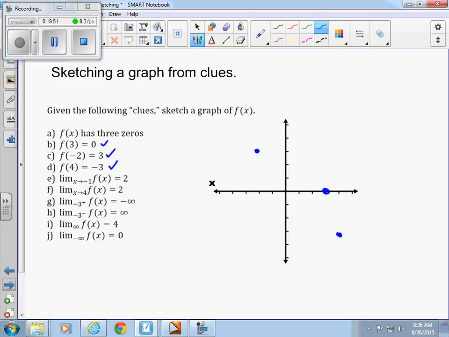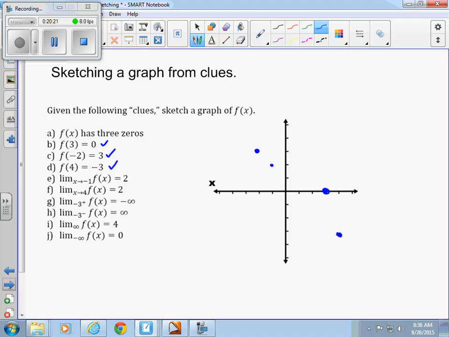The limit as x approaches negative 1 is 2. I'm glancing down really quick. Is there anything else about negative 1? It's the only thing it says. So if the limit as x approaches negative 1 is 2, what's the easiest way to make that happen? Just make a continuous graph going through 2 at negative 1?